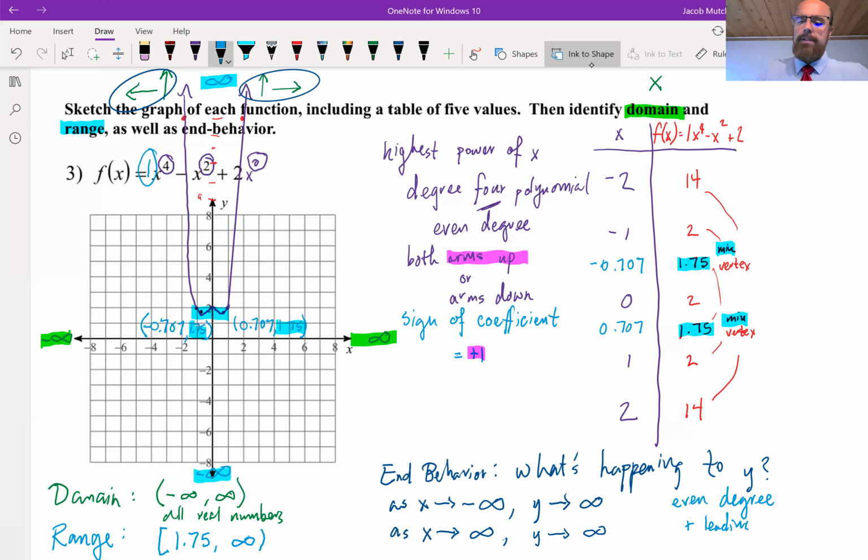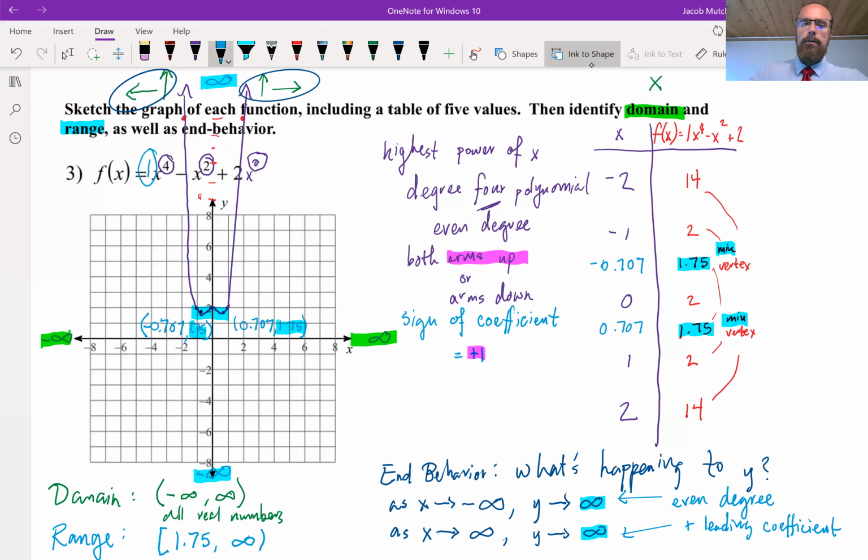And what we had said was that should have both arms pointing up. The way that we see that prediction followed through here in our end behavior statement is that these y values are both headed towards positive infinity, and that aligns perfectly with us saying that both arms should open up.